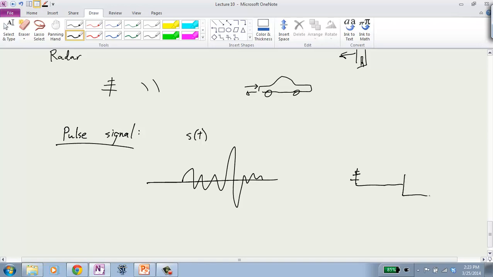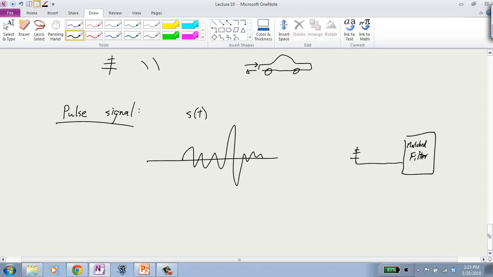Well, there's a method of doing this known as the matched filter, and that helps you identify exactly when this thing came in.